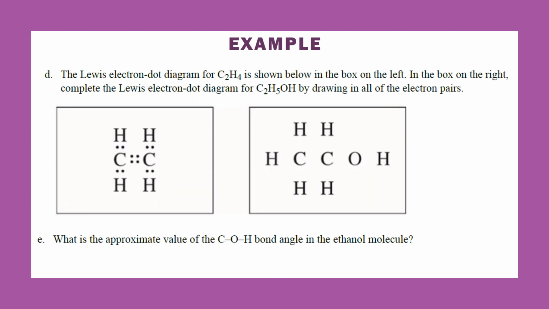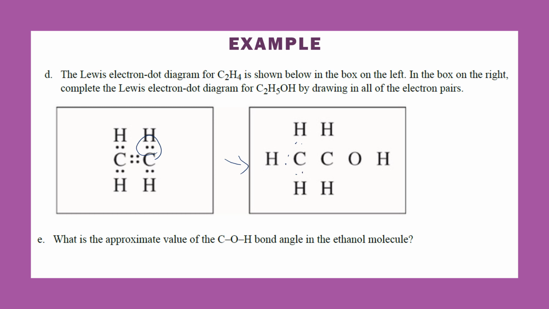Okay, so for part D, the Lewis electron dot diagram for C2H4 is shown on the left. In the box on the right, complete the Lewis electron dot diagram for C2H5OH by drawing in all of the electron pairs. Sometimes they'll give you an example and then want you to repeat the pattern basically. So you'll notice when carbon and hydrogen form a single bond, it's 2 electrons being shared between them.